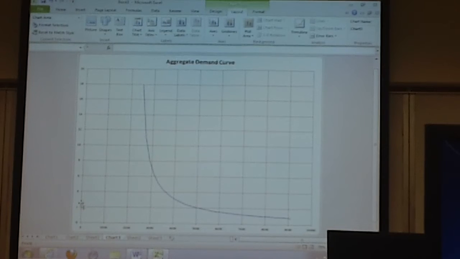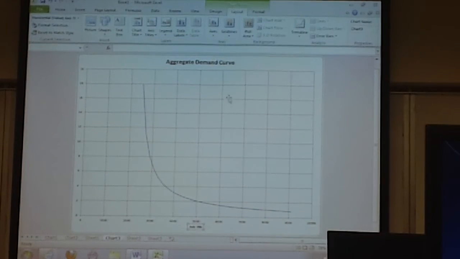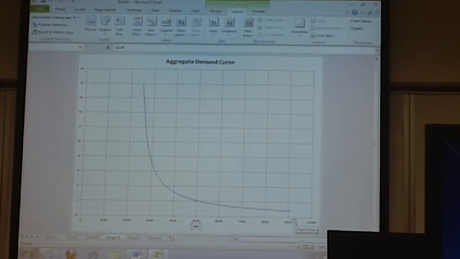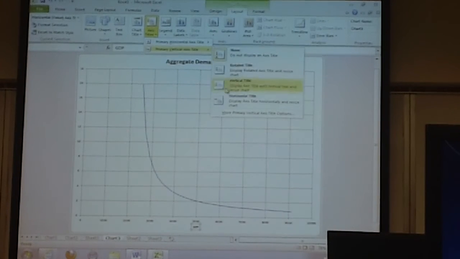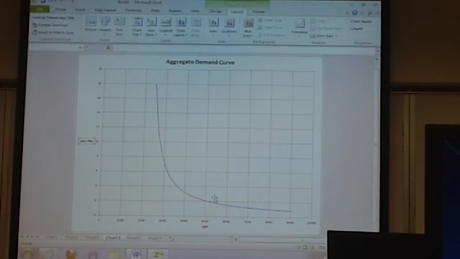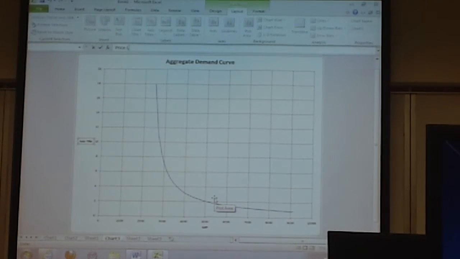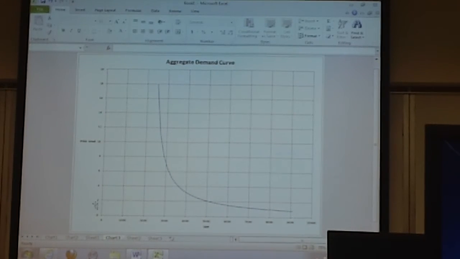Now, this is P, and GDP. Now let's move these up by one.